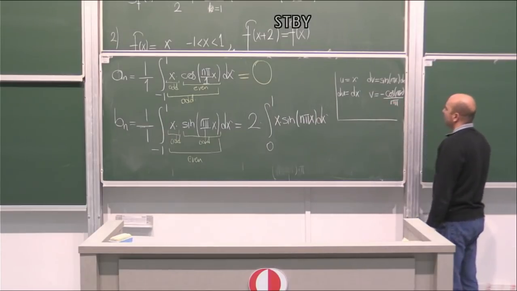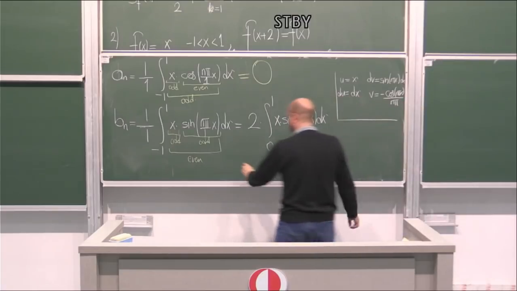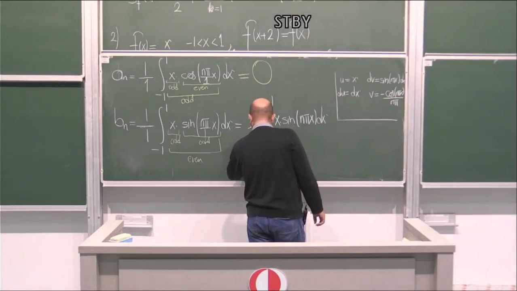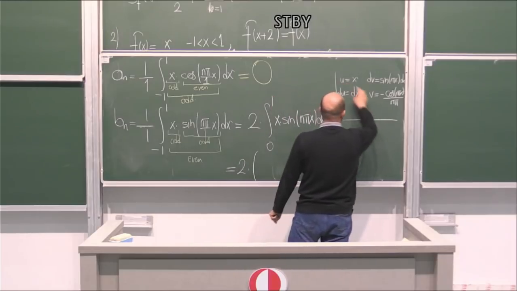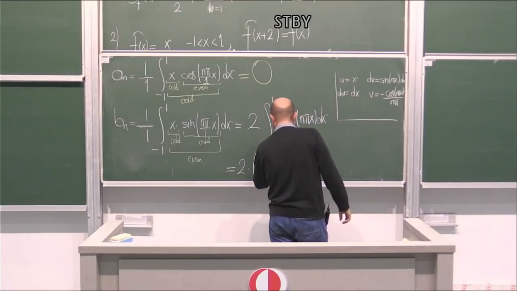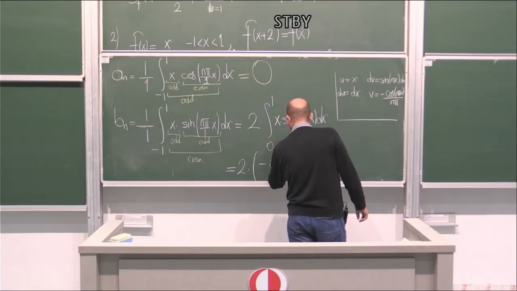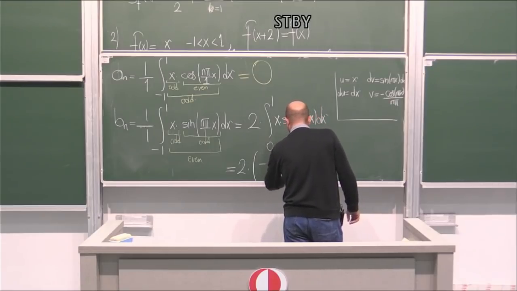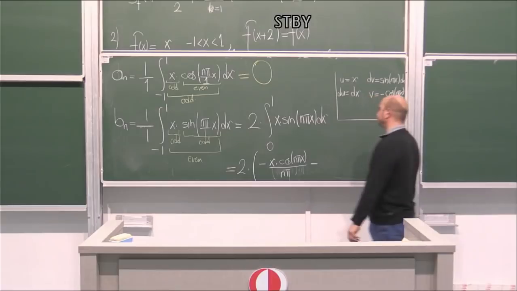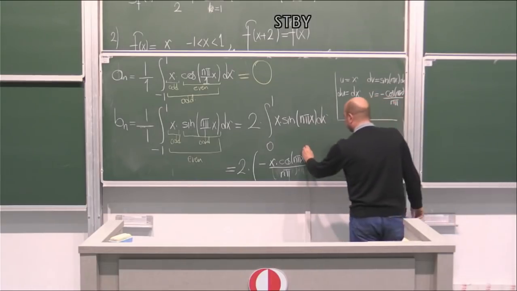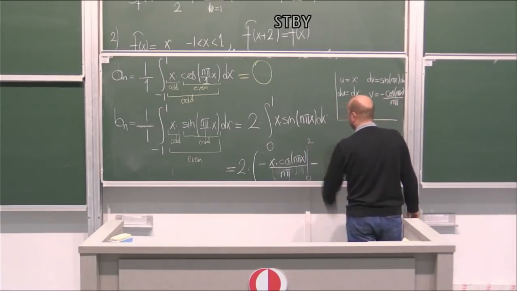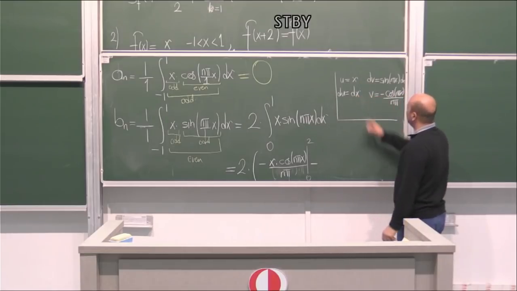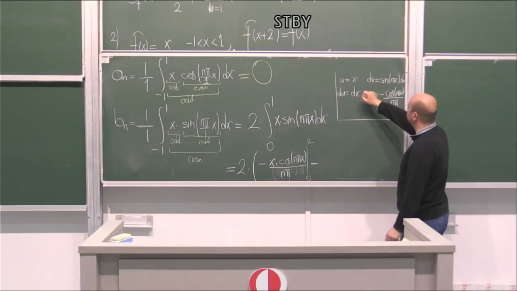So we have 2 times u times v, which is negative x cosine n pi x over n pi, minus the integral of v du.